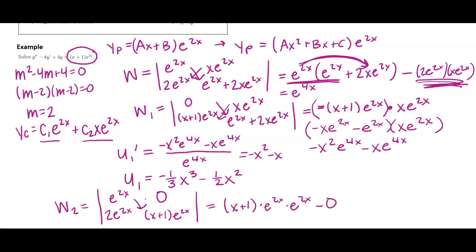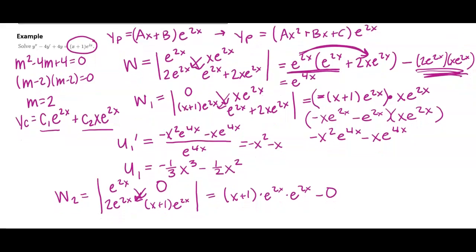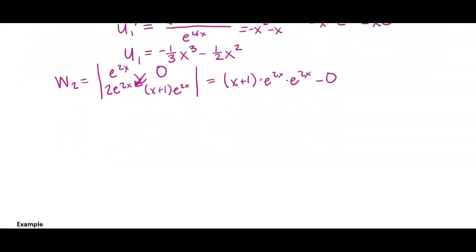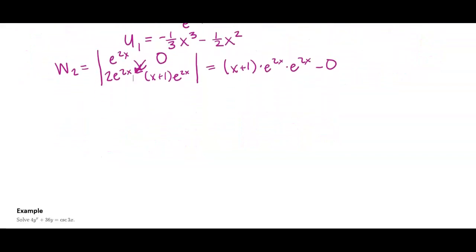And then I would get minus 0 here. I end up getting, let's see, this is e to the 4x, and then distribute. So I get x e to the 4x plus e to the 4x.